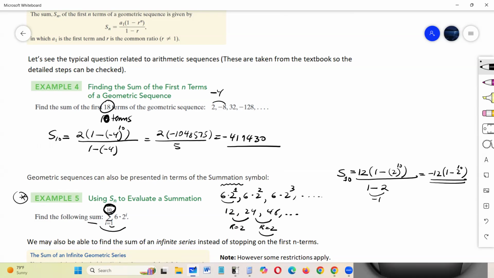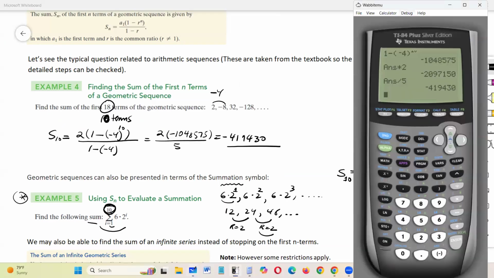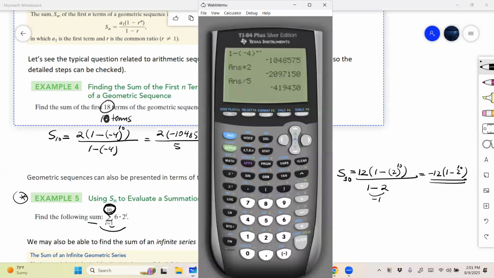Now, I'm pretty sure the calculator can handle this, the TI-84, so we don't have an issue needing to use the scientific, but we could do that. So let's do the inside first.